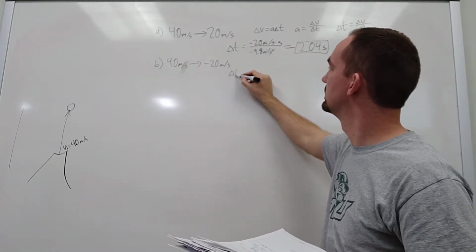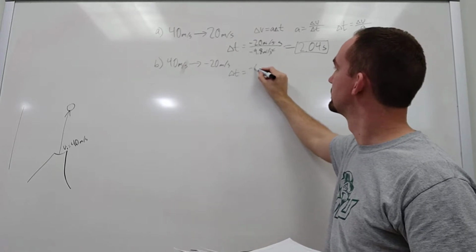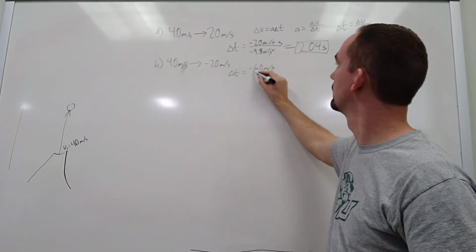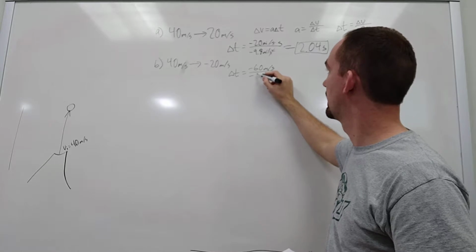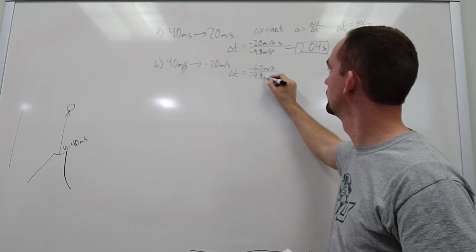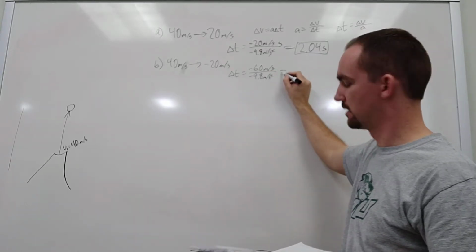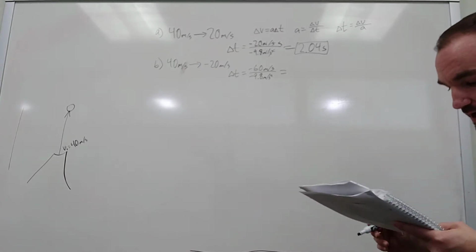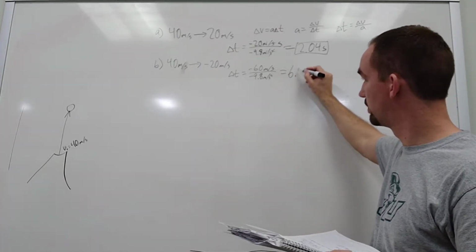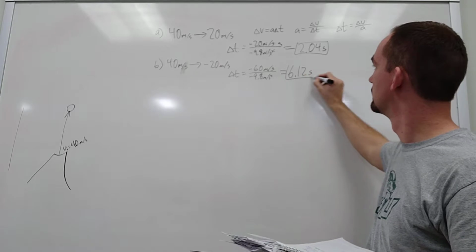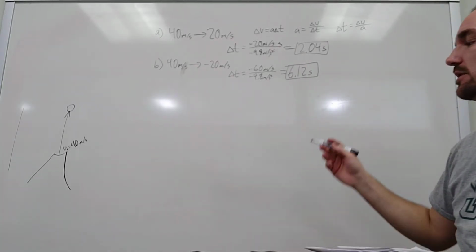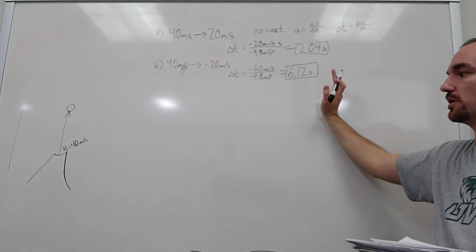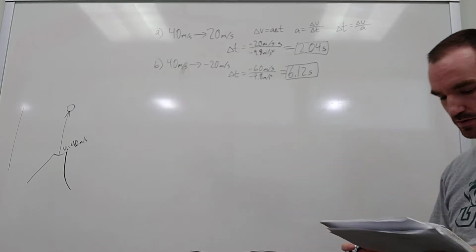So our delta t equals negative 60 meters per second over gravity, which is our acceleration. And that comes out to 6.12 seconds. So that's how long it takes to go from 40 meters per second upward to 20 meters per second downward.